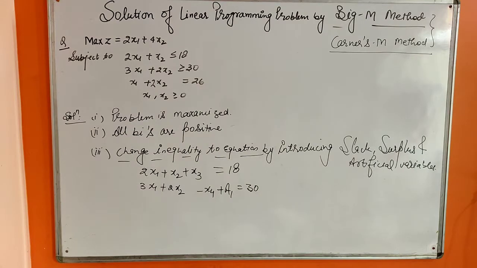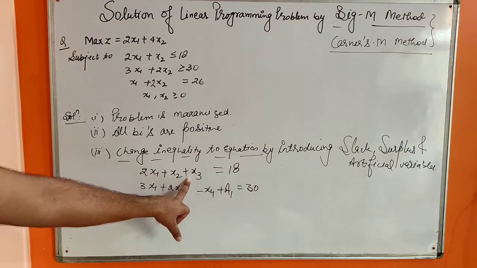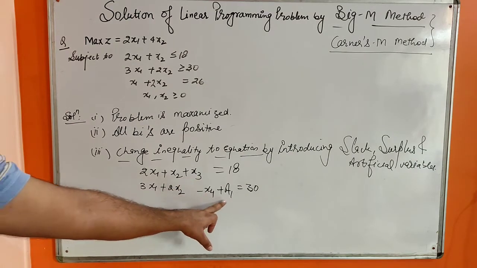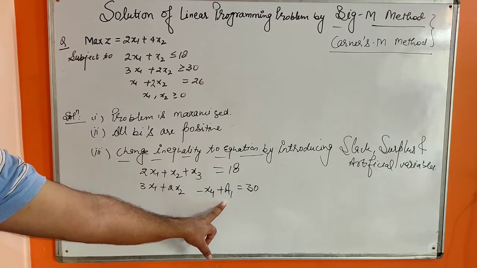Since in the third equation there is only an equals to sign, we can add only an artificial variable, and an artificial variable is added only when there is no unit matrix in the table. So see whether a unit matrix can be found or not. x3 is part of the unit matrix, a1 is also part of the unit matrix.